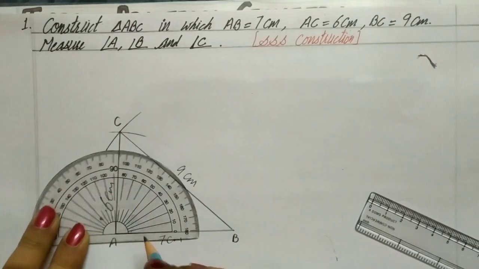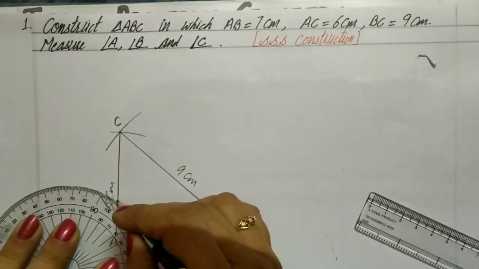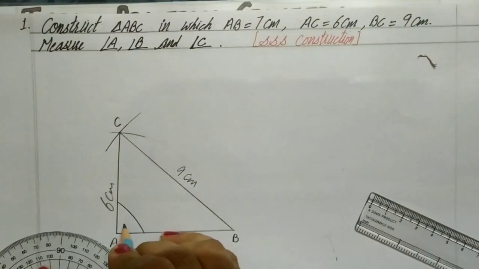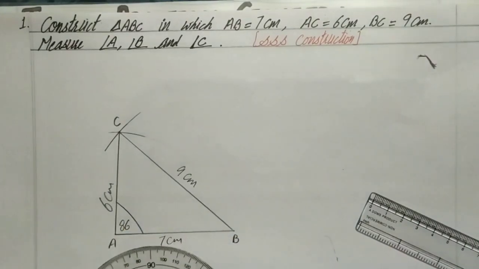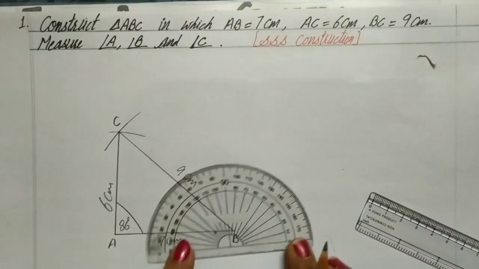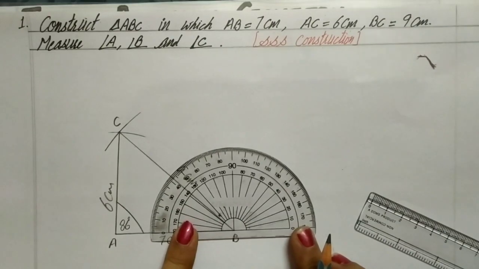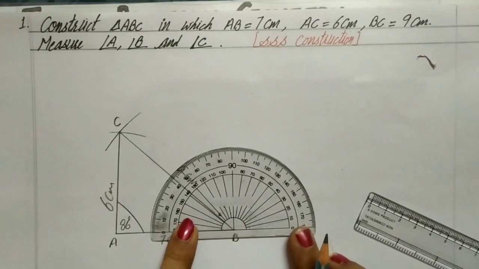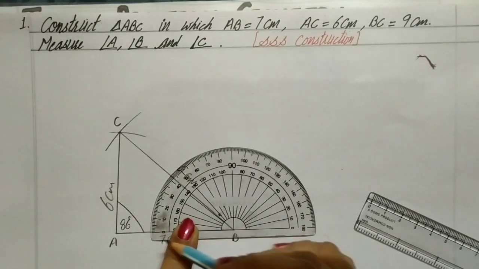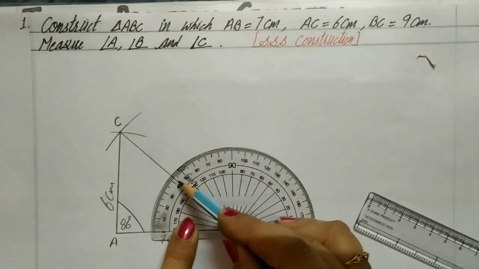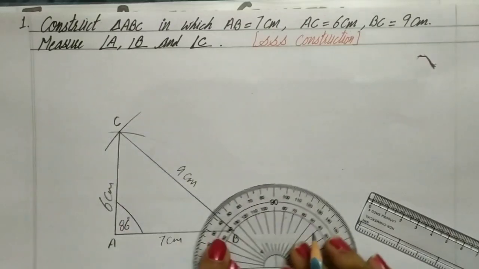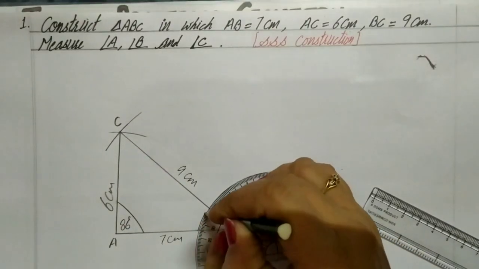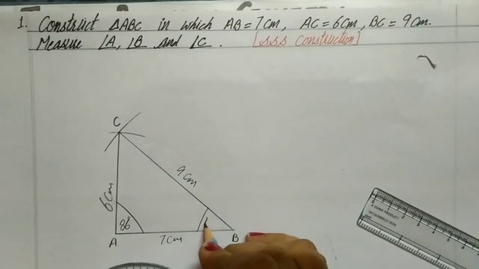So this angle measures 86, right over here 86. Next, put the protractor at point B and measure the angle. This angle measure, as you can see, 0 to this, it is 42. So the measure of this angle is 42.